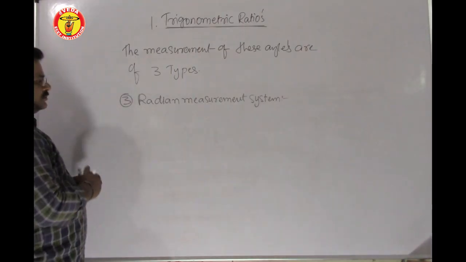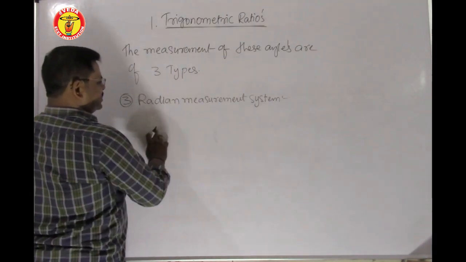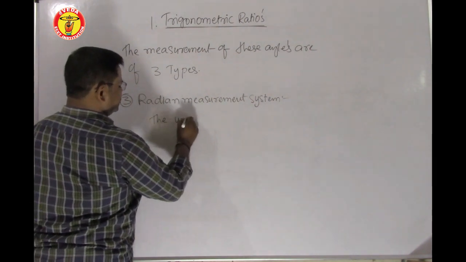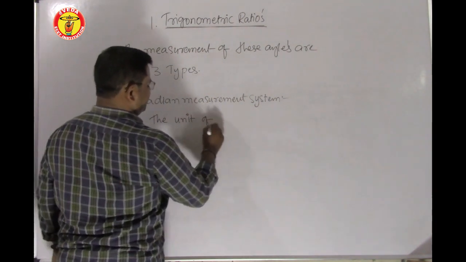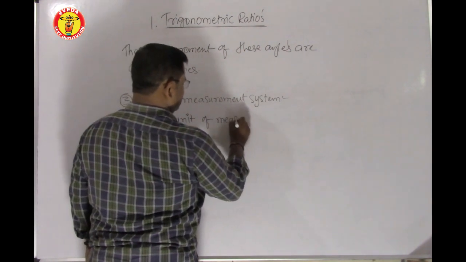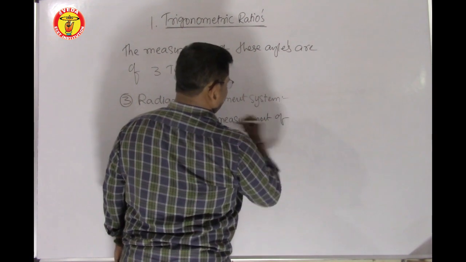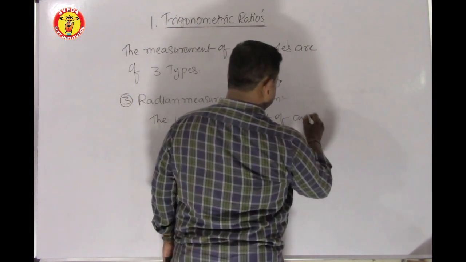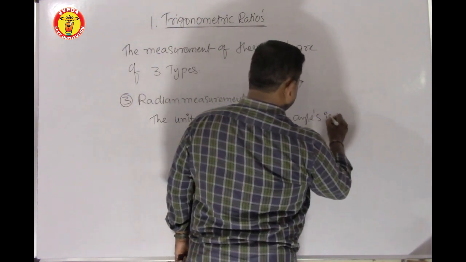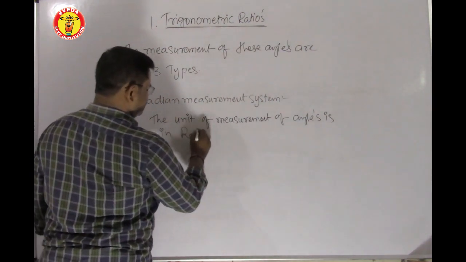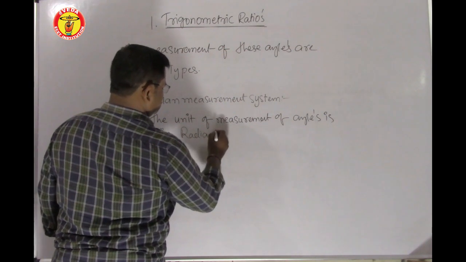Radian measurement system. In the radian measurement system, the unit of measurement of angles is radians.